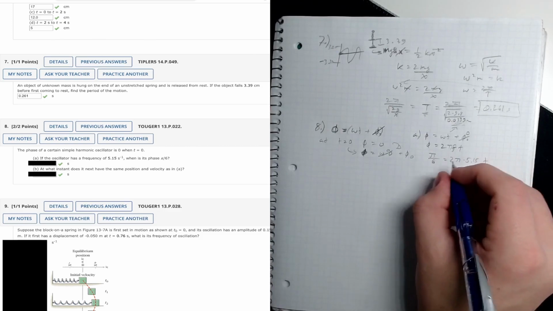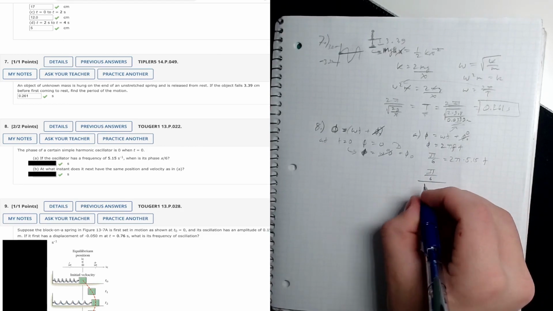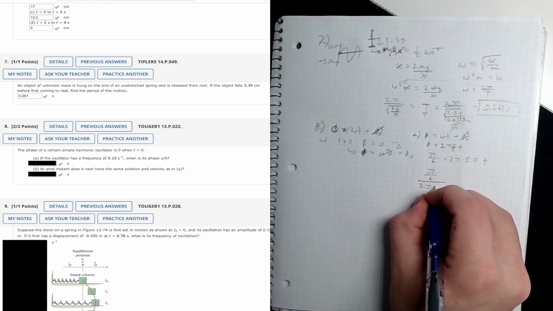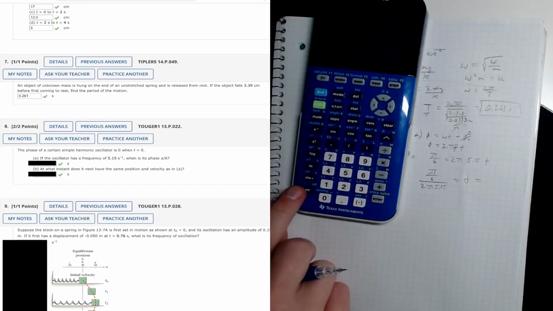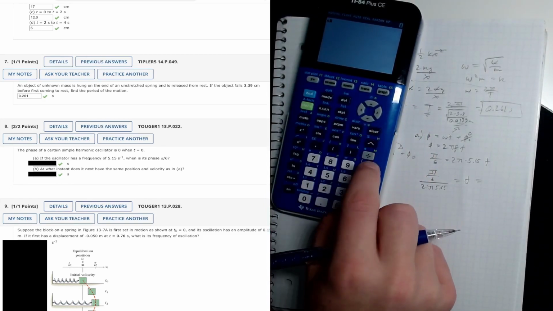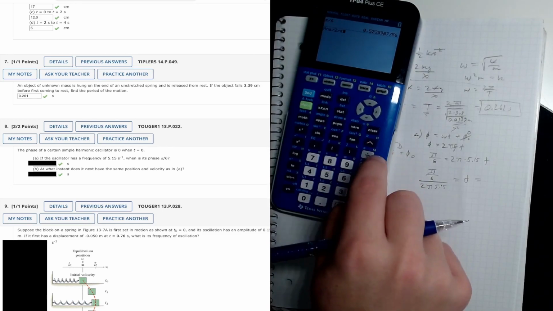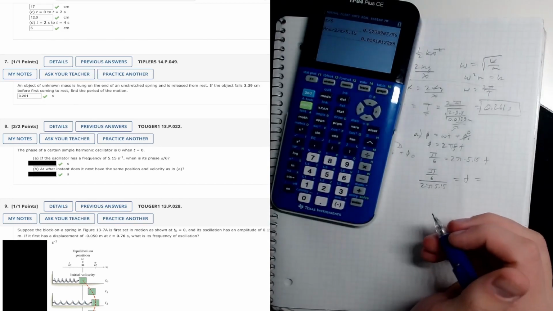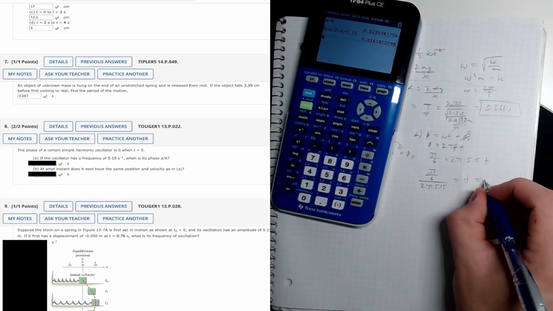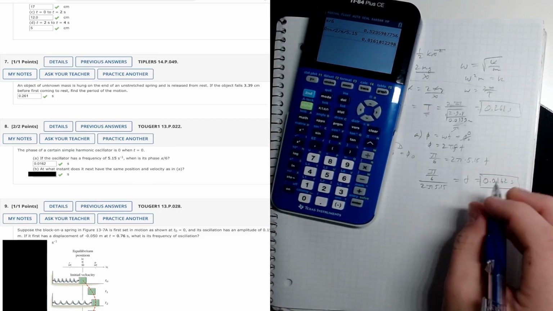We're solving for time, so pi over 6 divided by 2 pi times 5.15 equals t. It's going to equal 0.0162 seconds. And that, guys, is the answer to part A.